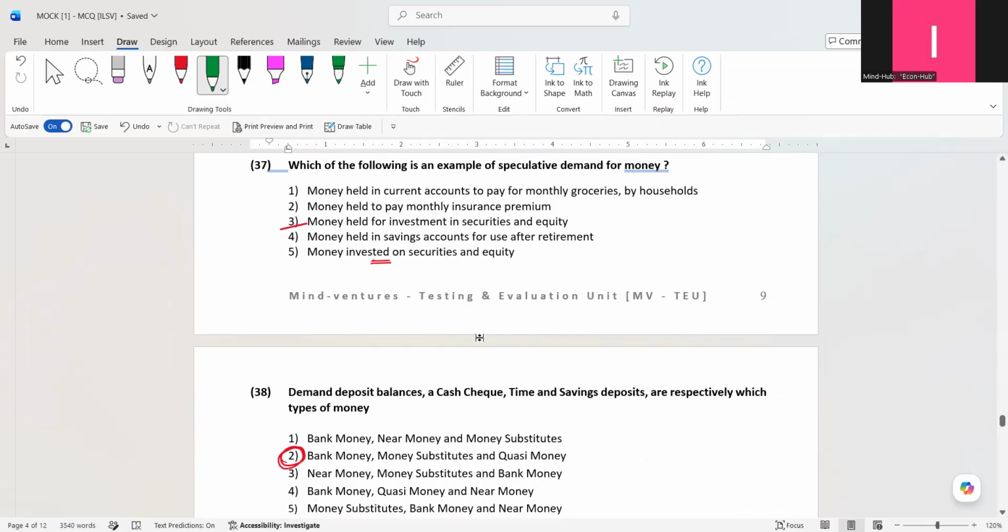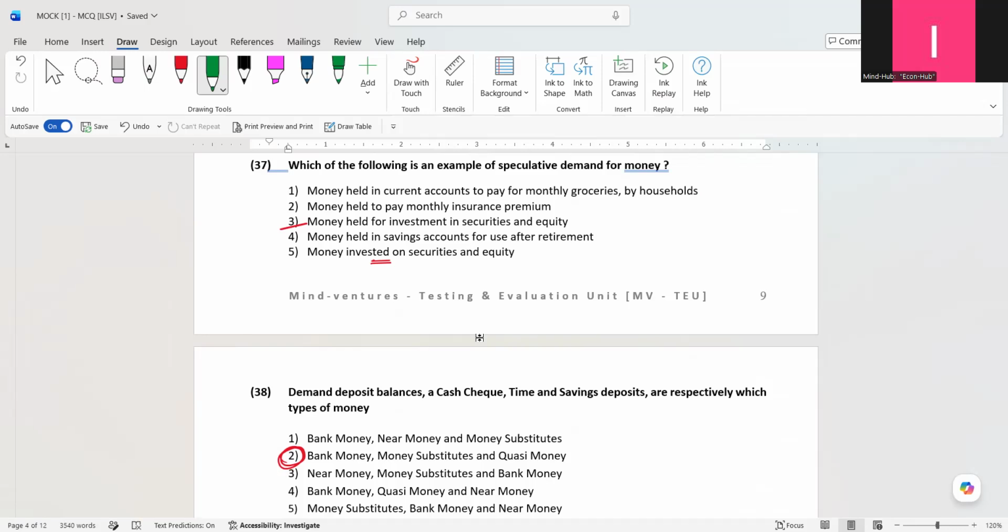Why answer number 5 is incorrect is because it says invested. Demand is always something to be done, not something already done. In other words, demand for money means money in the form of liquid money, that is cash or demand deposit balances, you're keeping with the intention of spending on goods and services.